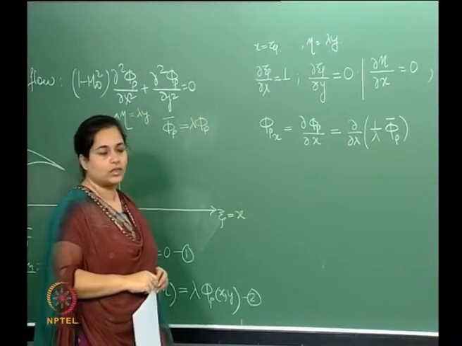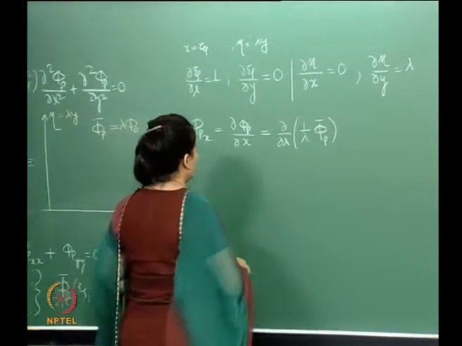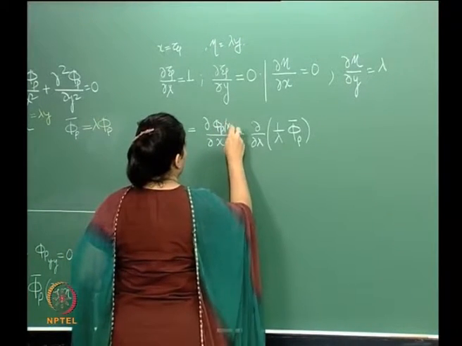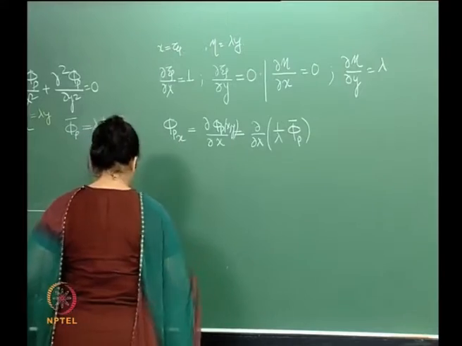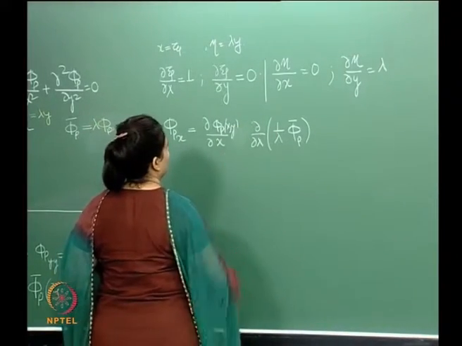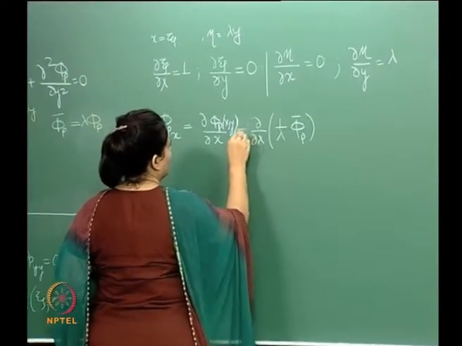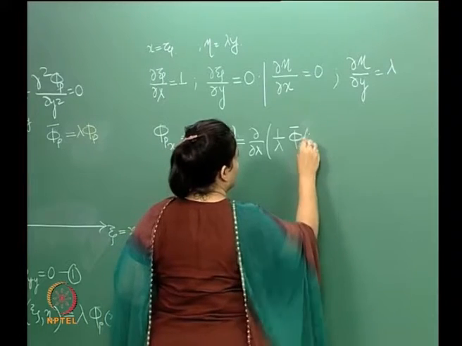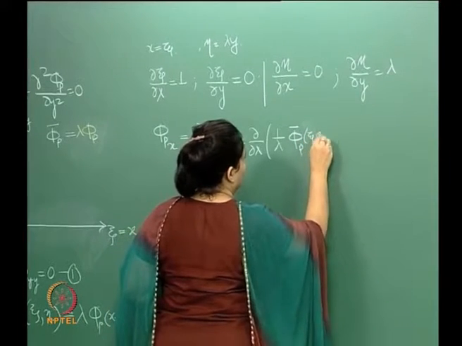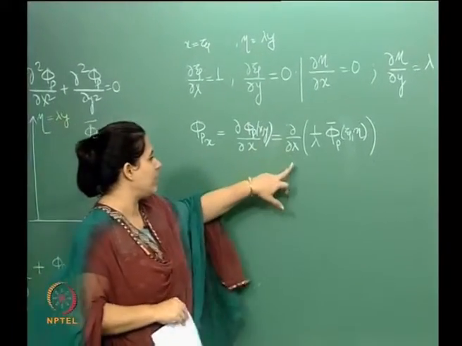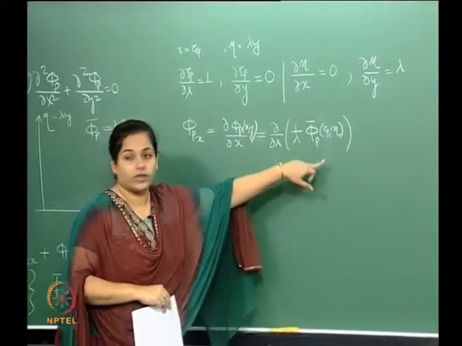This is what this is all about. Now, if I were to write this more clearly, you can see that this is this. Okay. Now, this phi p is essentially in the x y coordinates, okay, and this is in the zeta eta coordinates, and I need to take the del del x of this.